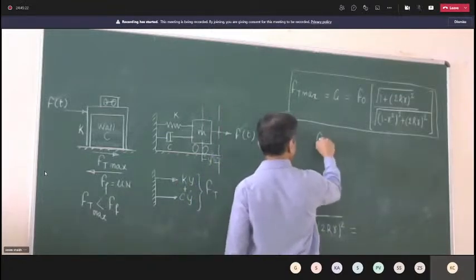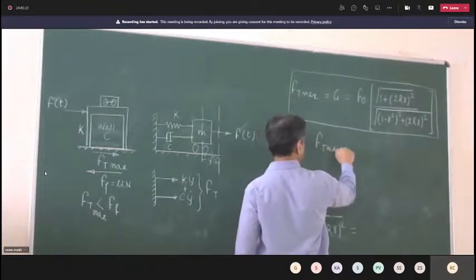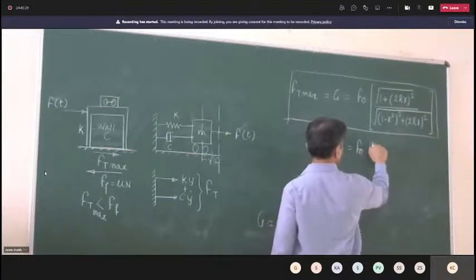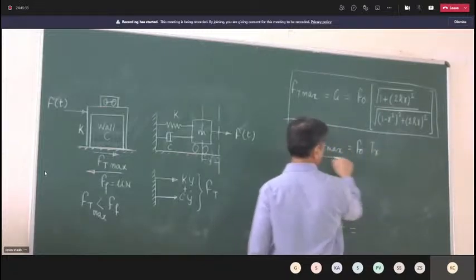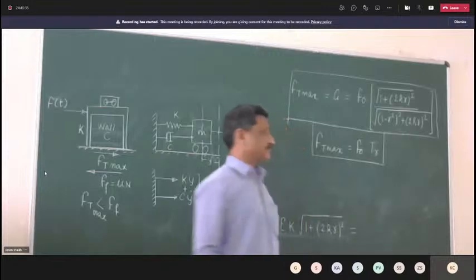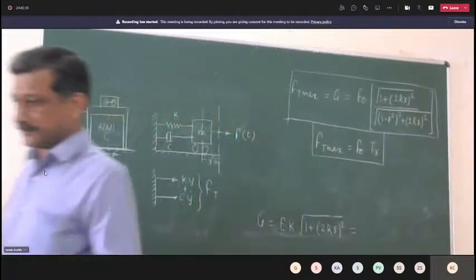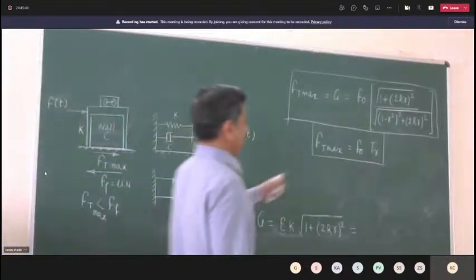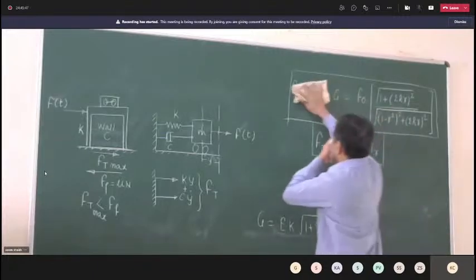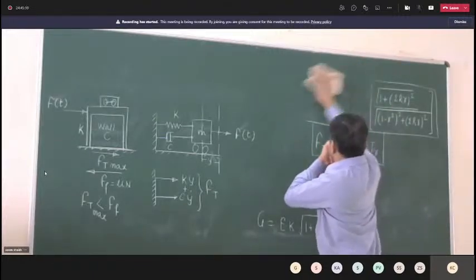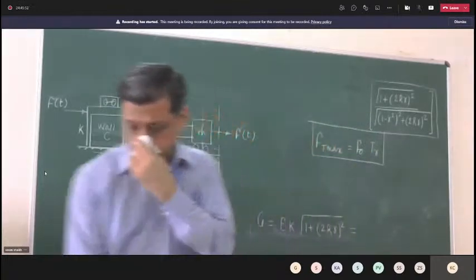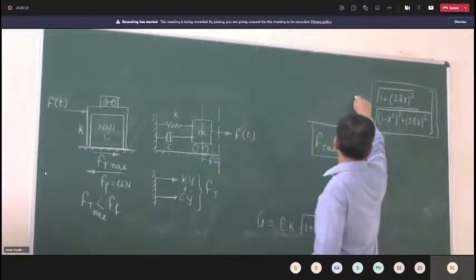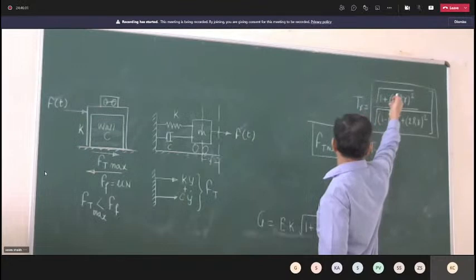So I can write this equation in short form as Ft max is equal to F0 into transmissibility, where transmissibility is given by this bracket.